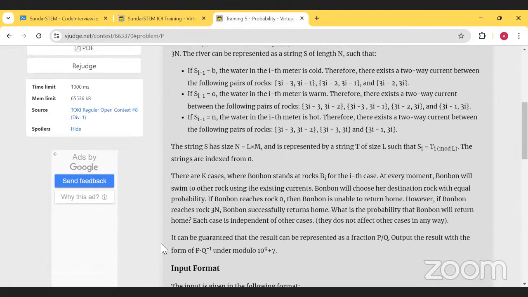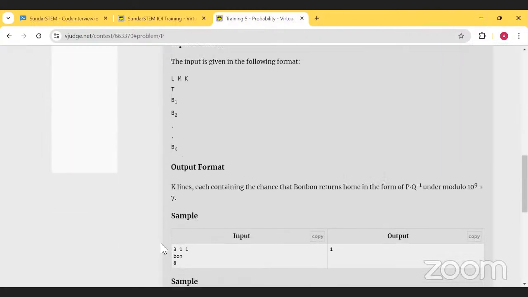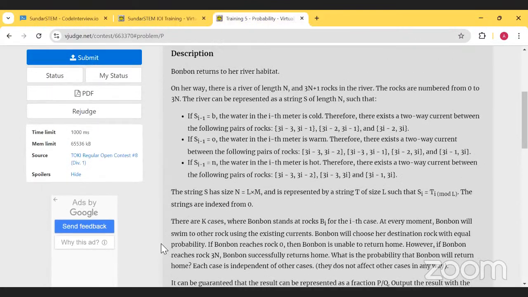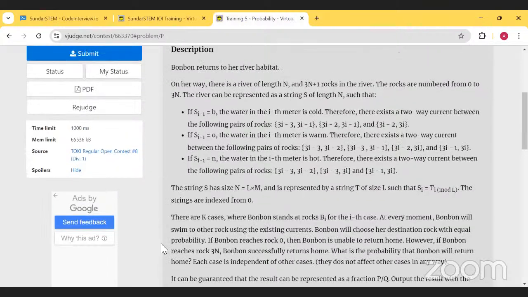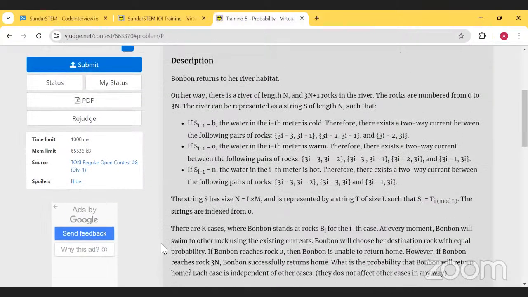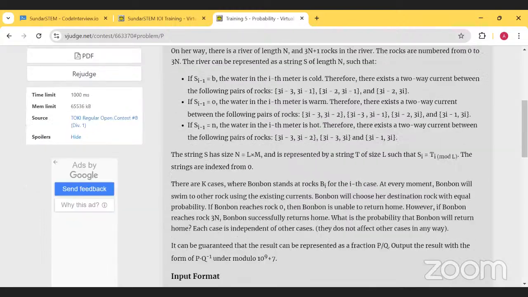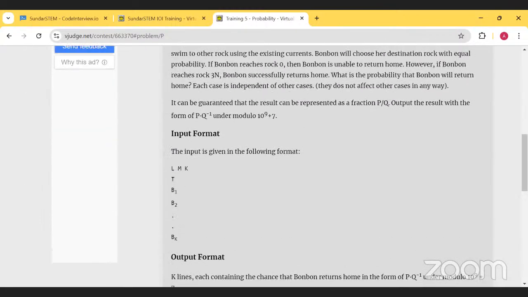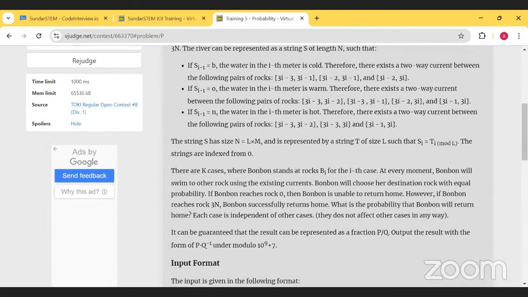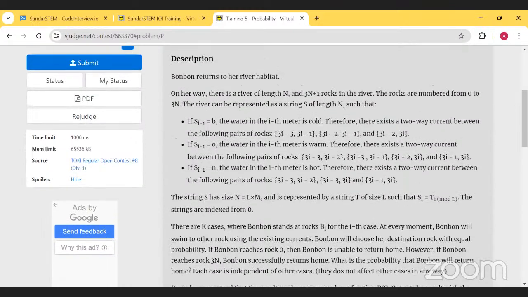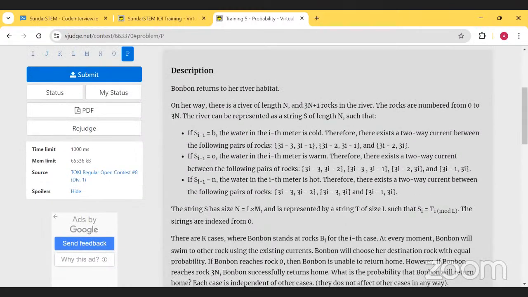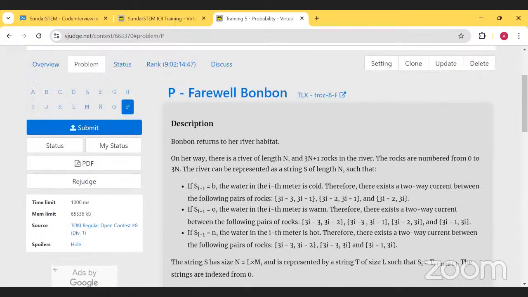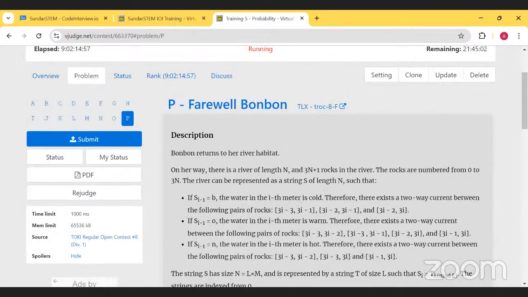Now in this problem, if we have some string, let's say string S, then we want to construct a graph with this pattern or with this rule.